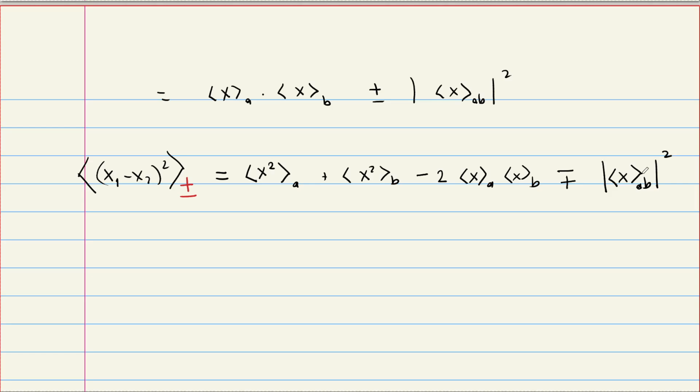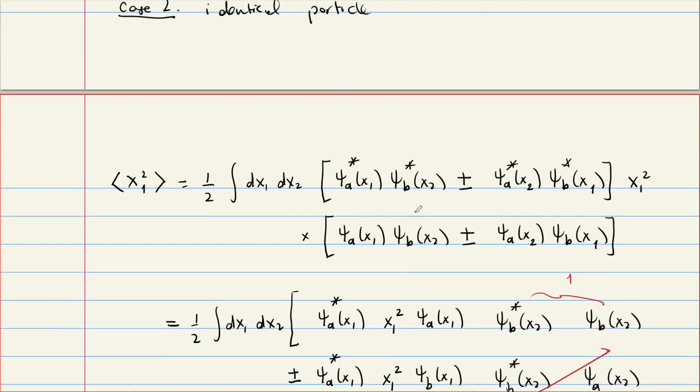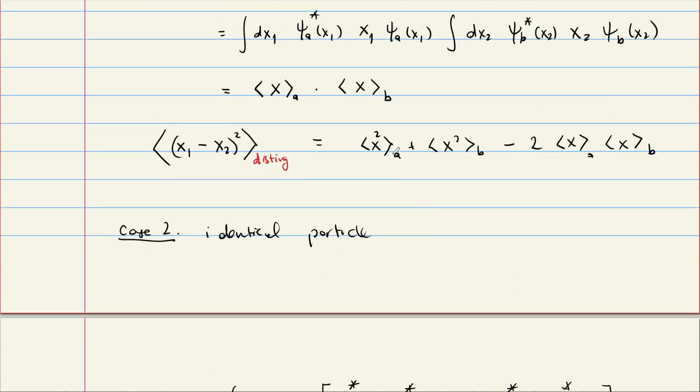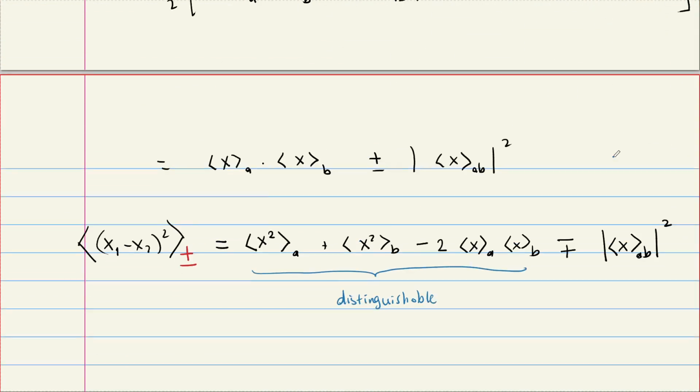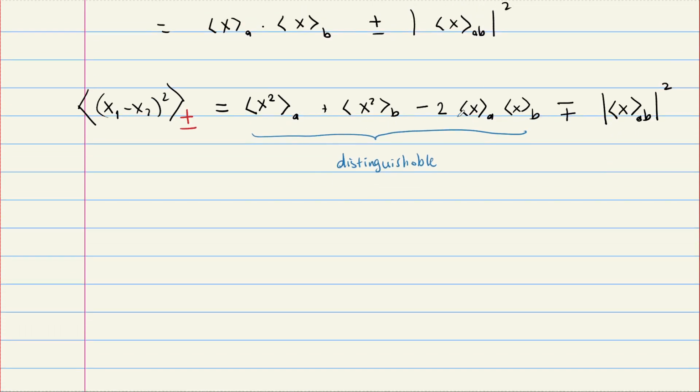Now we can try to make sense of this. So this piece is exactly the same as distinguishable particles. This is exactly what we found for the distinguishable case here, right? xA, xB minus 2 xA, xB. But there is a new contribution. And this new contribution comes from indistinguishability or exchange symmetry.